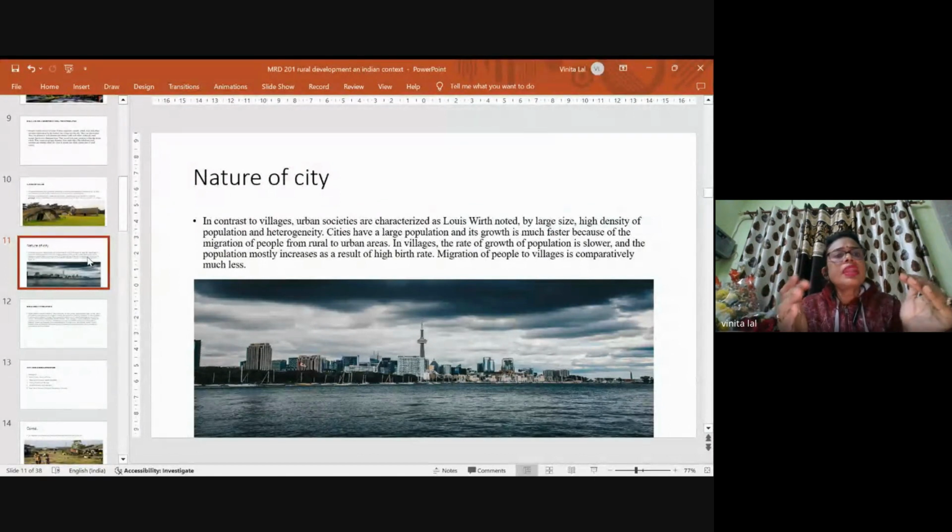So if we give a few examples, I have studied Hurricane Sandy on the east coast of the United States in 2012, and I have studied Dhaka in 2018 and Manila.